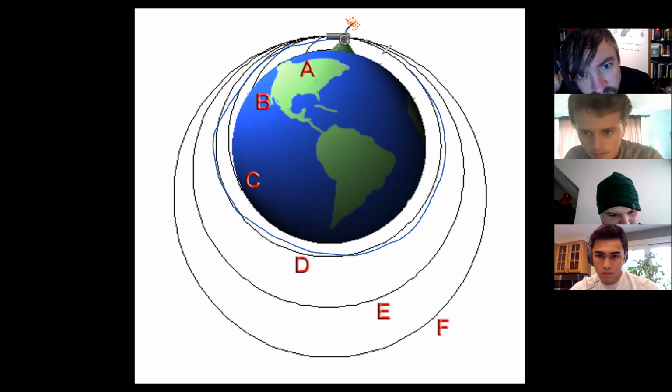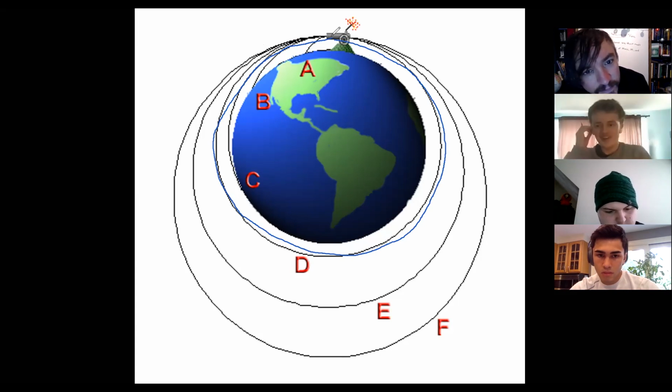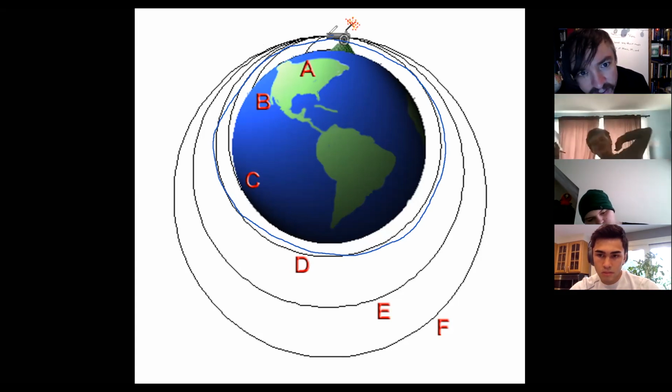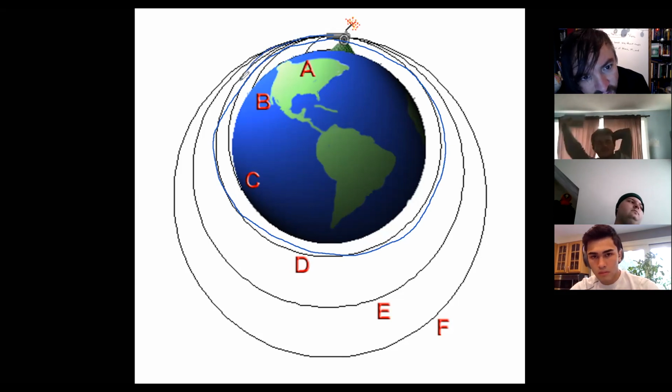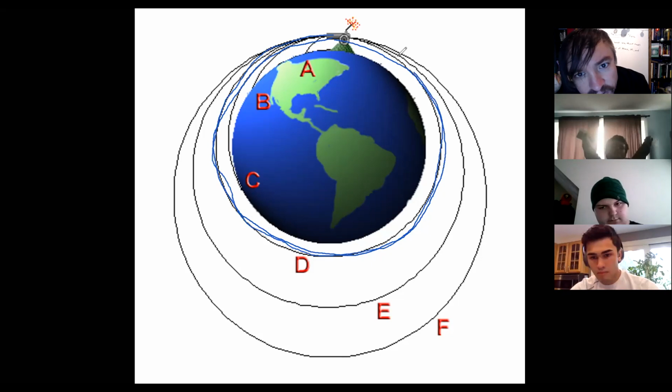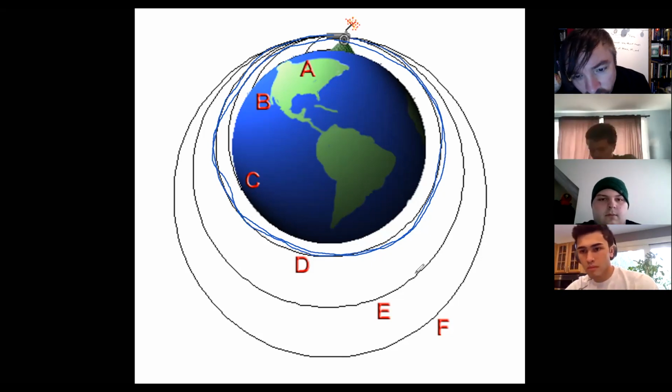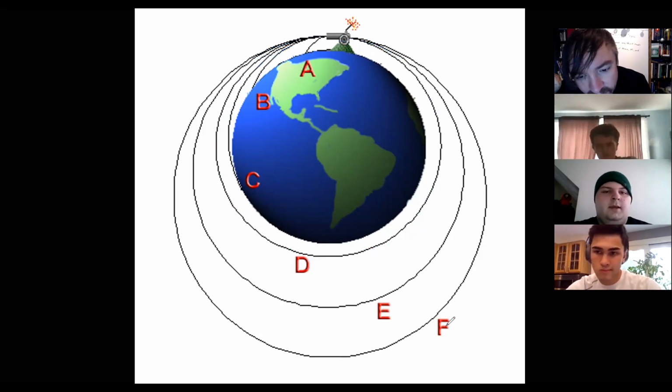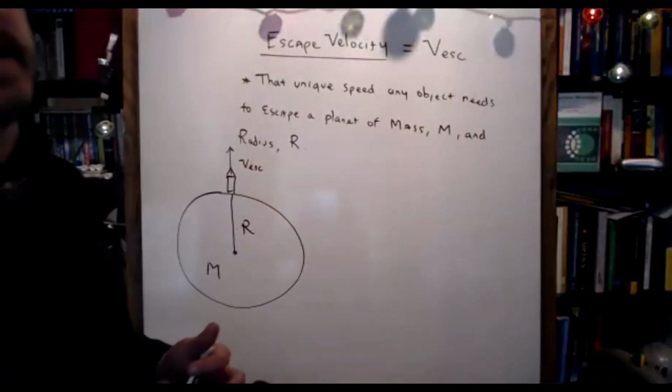Then you could shoot yourself in the back of the head if you were clumsy enough to do this, right? Without air to slow down the bullet, if you fire it at this one critical speed, you could miss the curvature of the planet and go into a kind of low orbit. That's the idea behind escape velocity. It's that critical speed you need to miss the curvature of a planet.